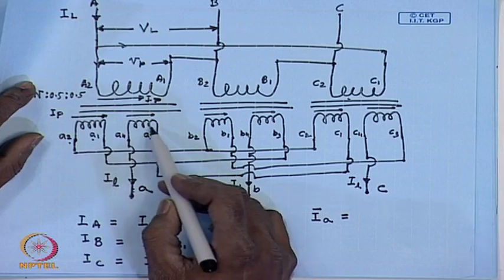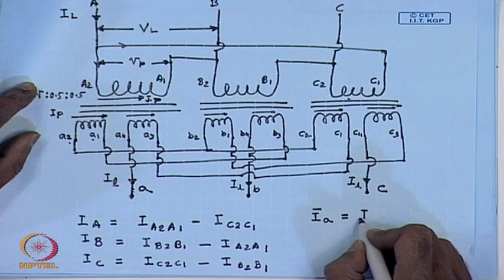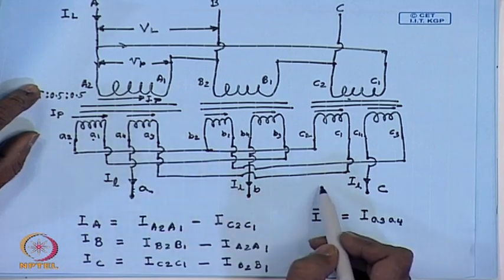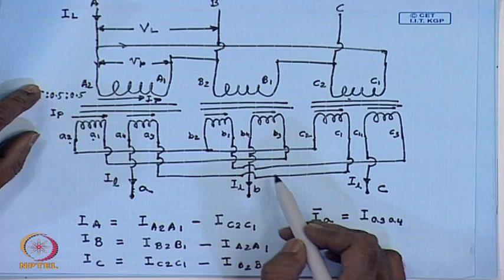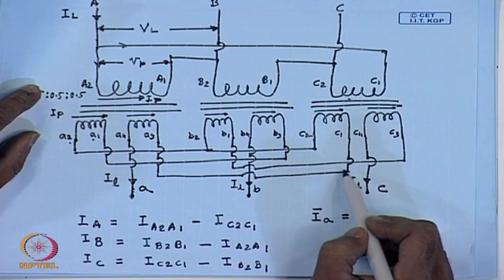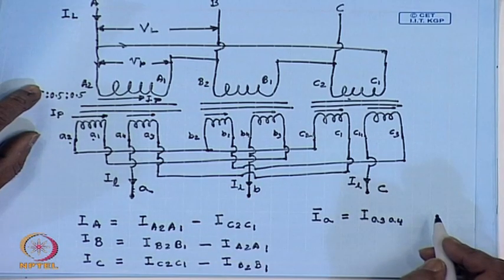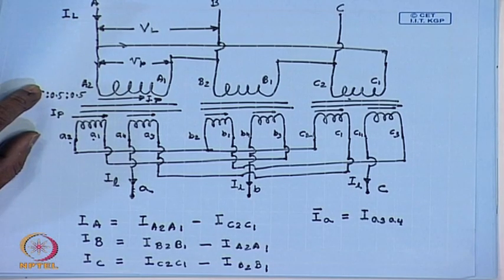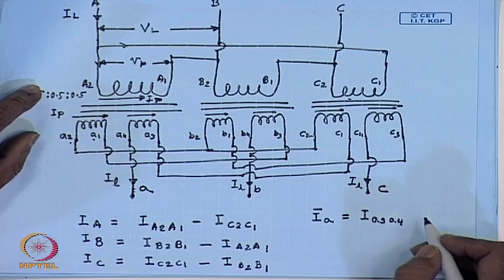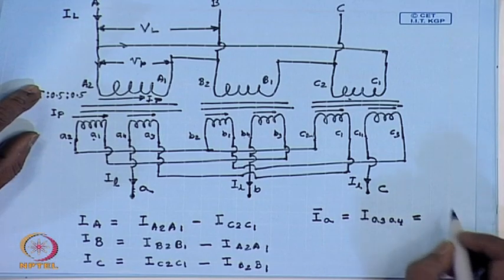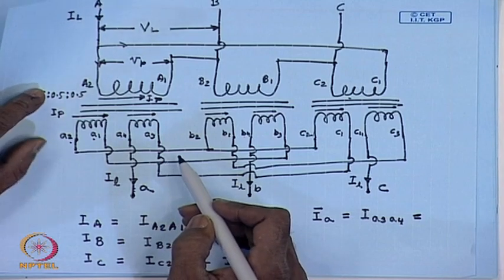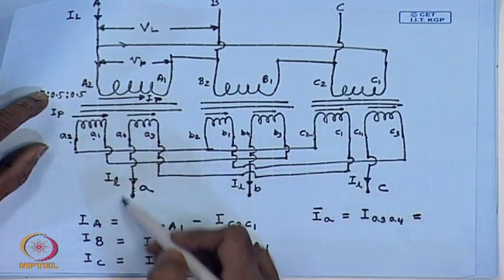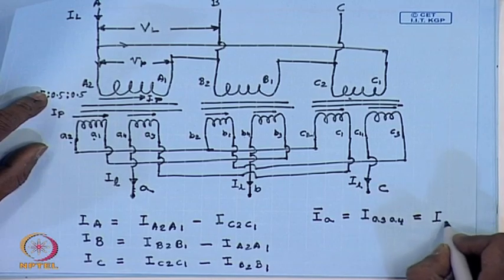The current I small a is basically I_A3A4, which is the same as current I_C2C1.